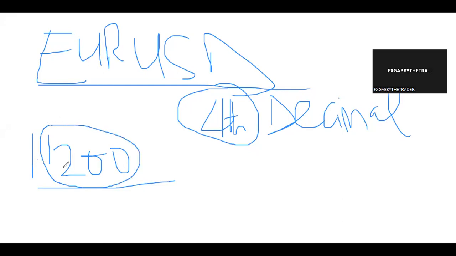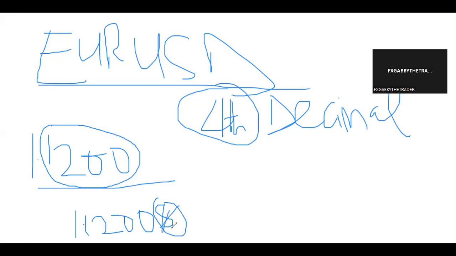After the decimal, we only consider 4 digits. You're always going to get something extra, like 1, 2, 0, 0, and for example, 5. We always take out this last number. This last number is always called the pipette.